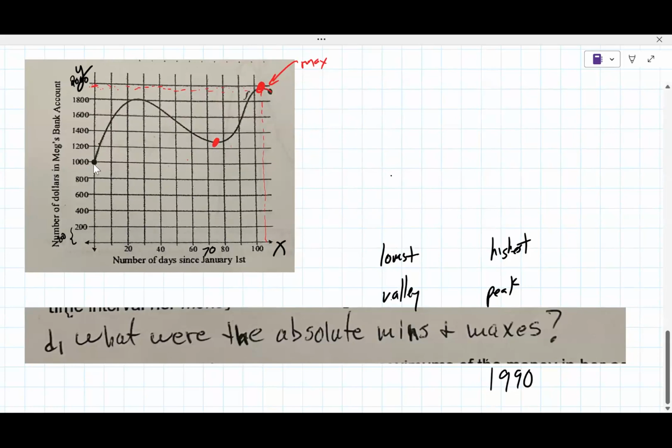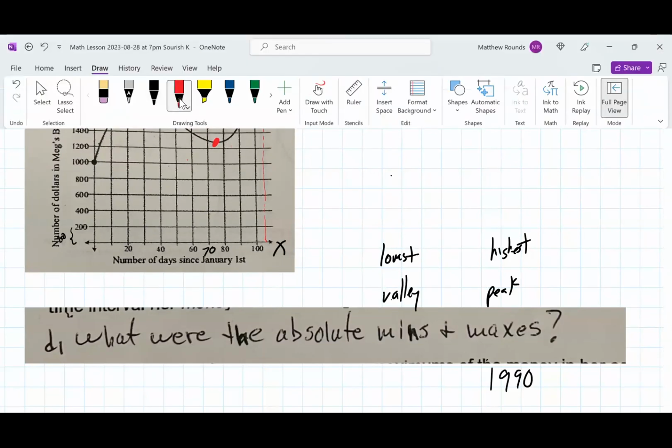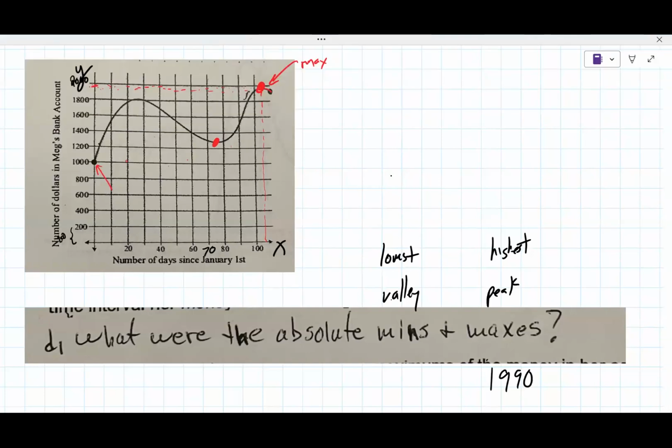Is there anything lower than that? Zero. Okay, so at 0, what is the y value? 1,000. Okay, so the absolute min is 1,000.